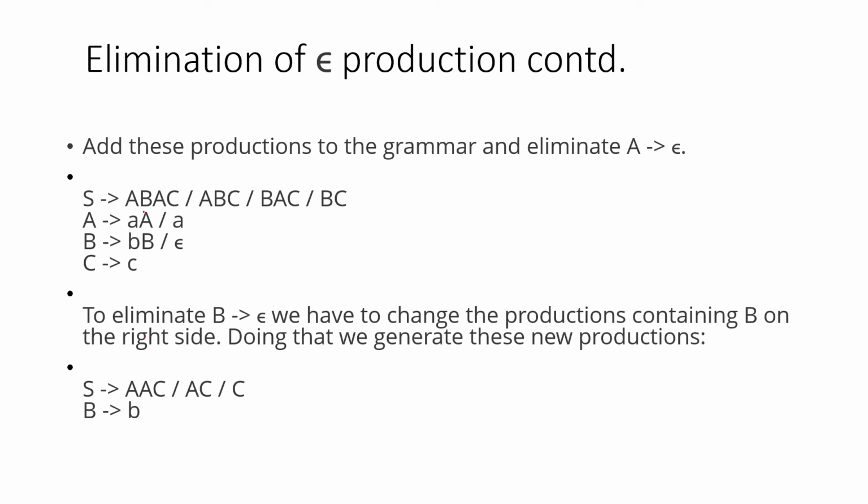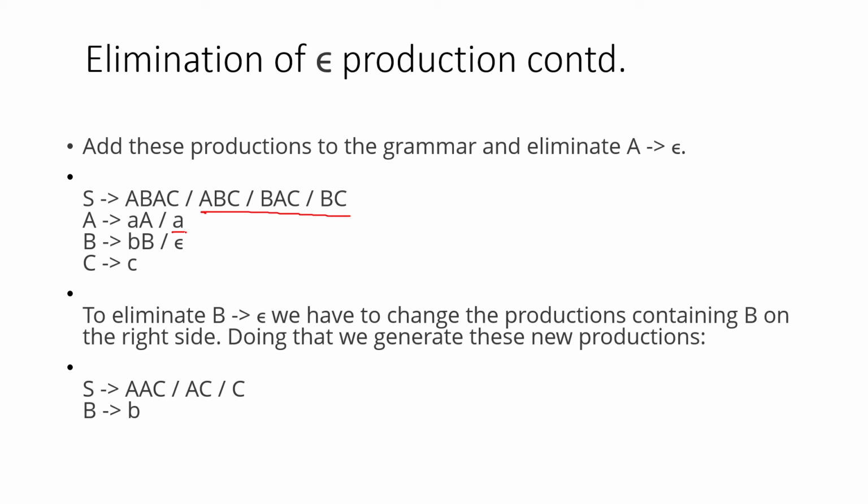But other than this production rule, these three will be added, because we are removing the epsilon part. We are not writing A to epsilon over here. That's why A to small a will be there, and A to small a has been added because we have removed the A to epsilon part.